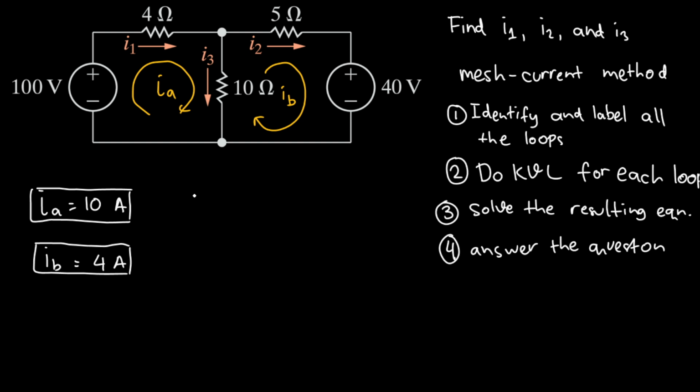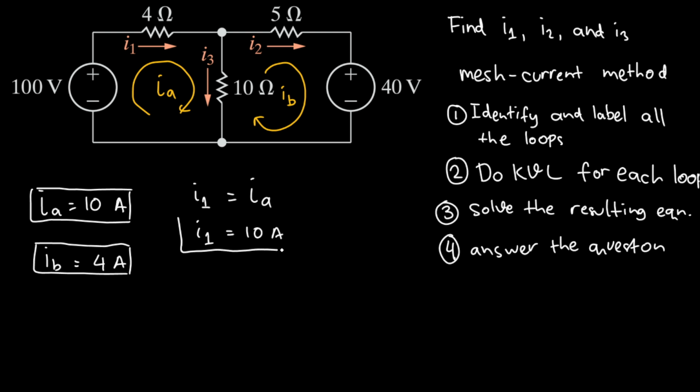What is I1 here? I1 is the only current that passes through this 4 ohm resistor. And for the loops here, the only current that passes through it is IA. So we know that I1 is equal to IA. So I1 here is equal to this one. So I will have 10 ampere.